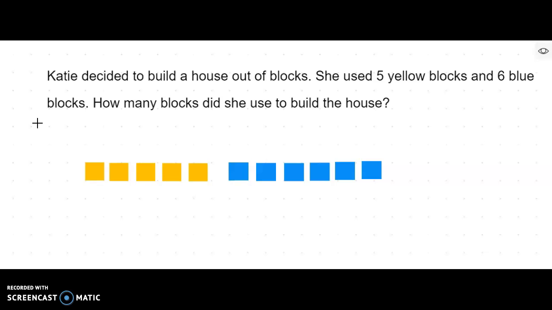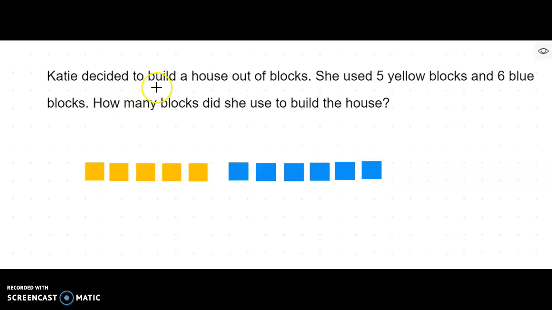Our first story problem says, Katie decided to build a house out of blocks. She used 5 yellow blocks and 6 blue blocks. How many blocks did she use to build the house? Now, when I read a story problem, I like to underline the information I already have and the information I need to learn.